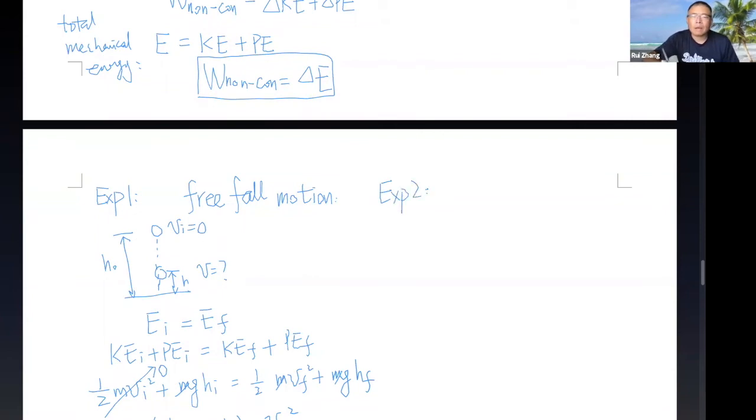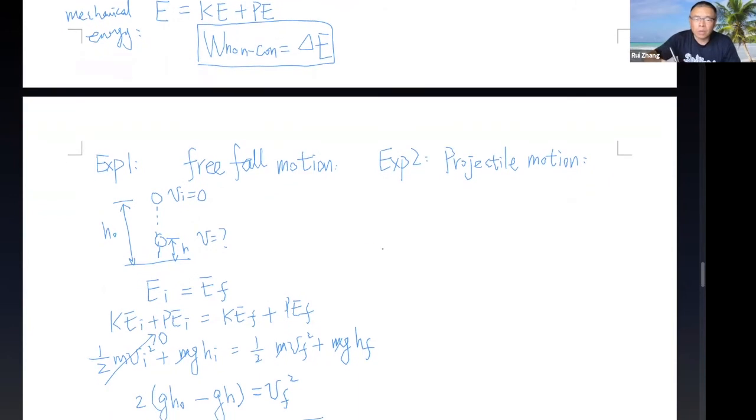So let's talk about another old friend, projectile motion. This may not be as good a friend as free fall motion because it's kind of complicated, and some of you may consider this your enemy instead of a friend. But let's try to use energy conservation to do something. This is the ground. Suppose we threw this object away from the ground, and the object is going to go into the air.